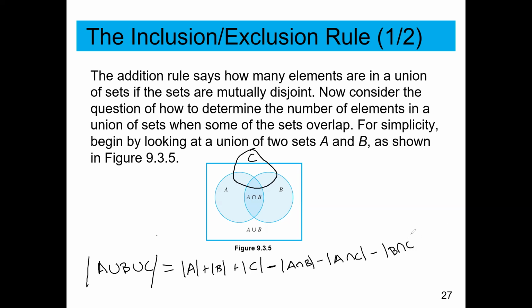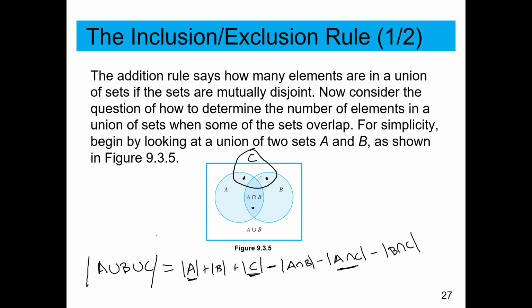Well, let's just think about this. Let's say something was living right here. When I counted it in A, and then I counted it in C, I counted it twice, but then I took it away once. So I counted twice, I took away once, we're good. And that would work if something was also over here or over here.